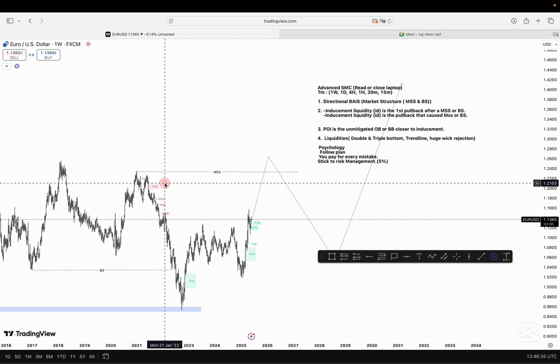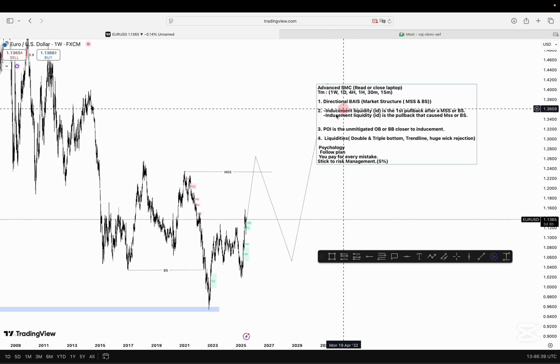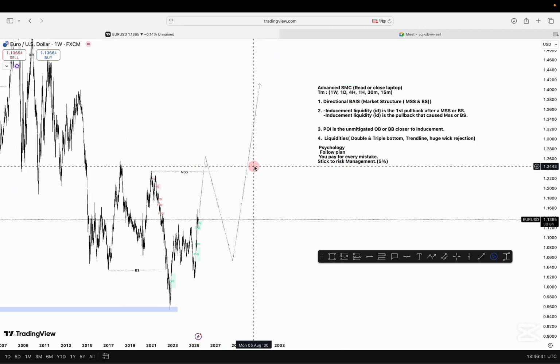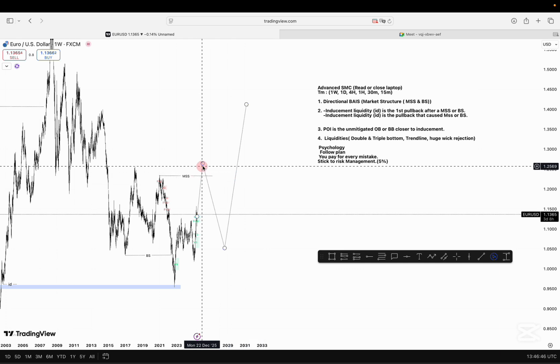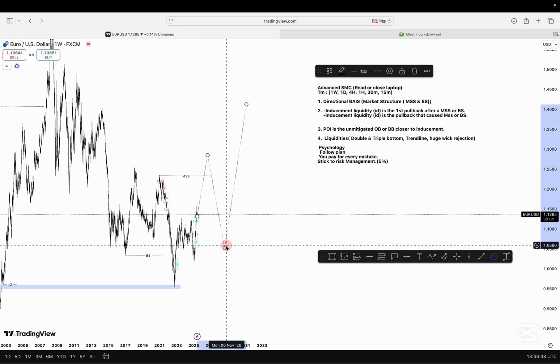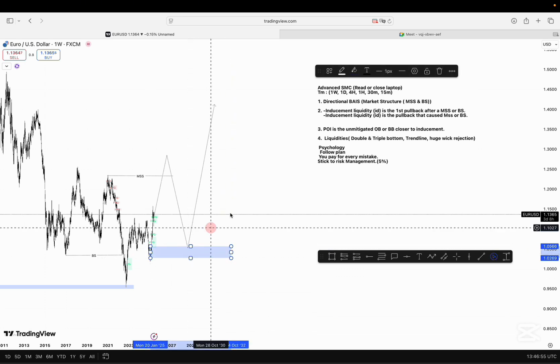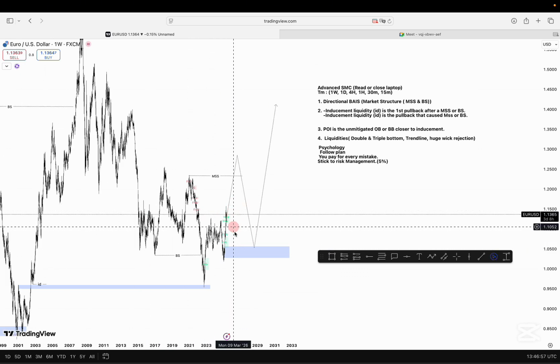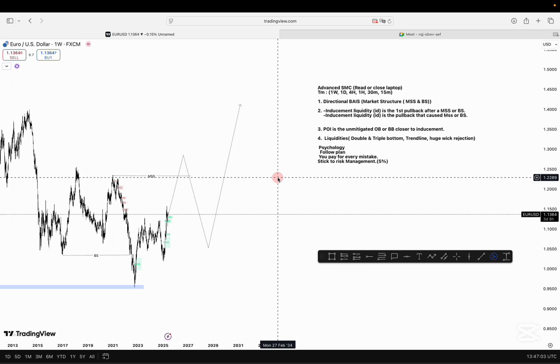So at the weekly time frame, analyzing using our concepts, this is how I will be looking at Euro USD. If it can break this previous high and pull back, that is where I will be interested in the long-term buy, because our confirmation is that price has to break. Confirmation for a trend reversal is what?